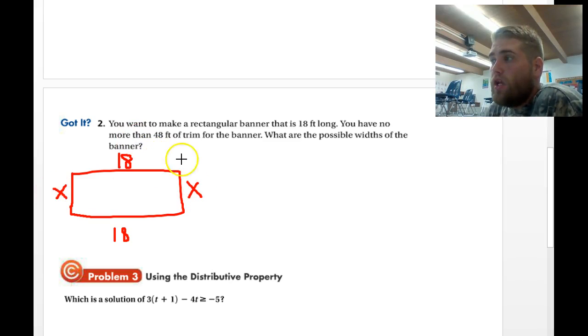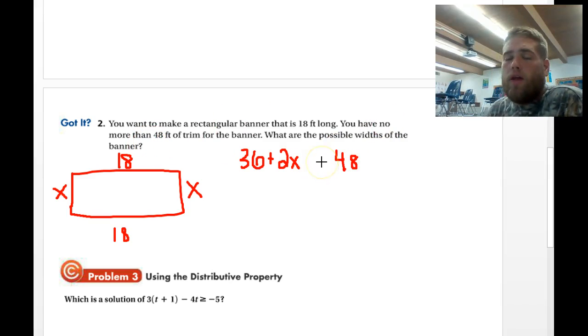So we add up what we have. We have 36 plus 2x, because I have 1x and then 2x's. And then we have 48 feet. We have no more than 48 feet. So 48 is actually larger than what we can actually use, so it's less than or equal to.